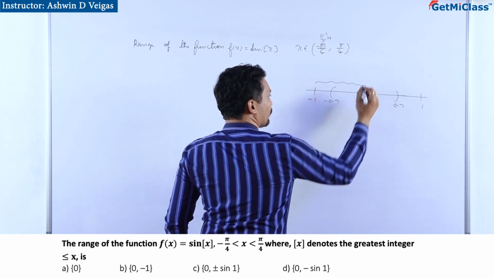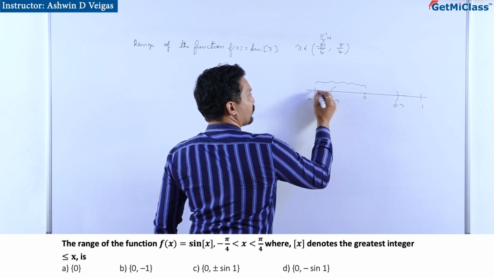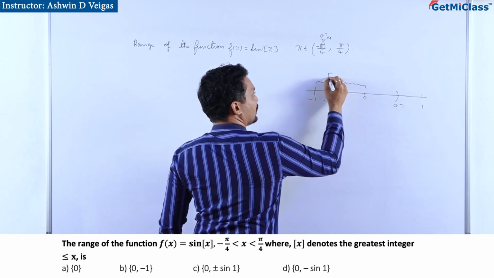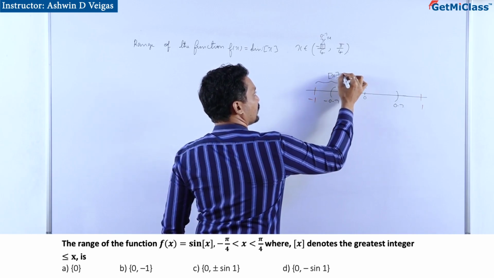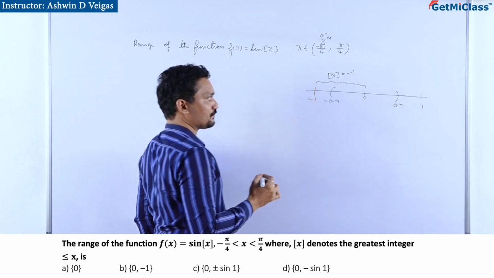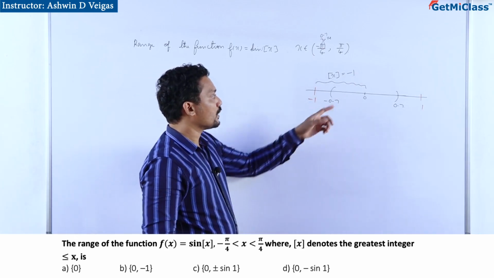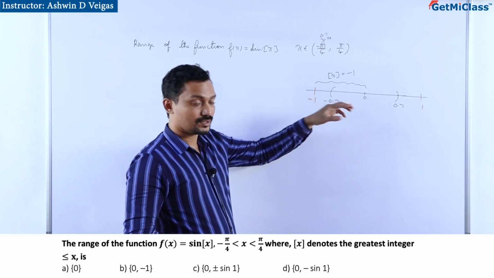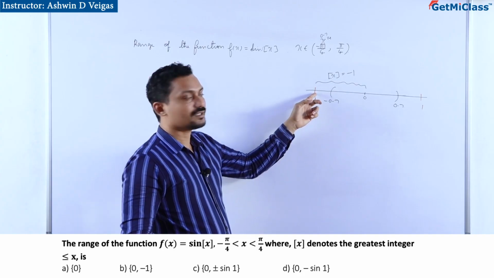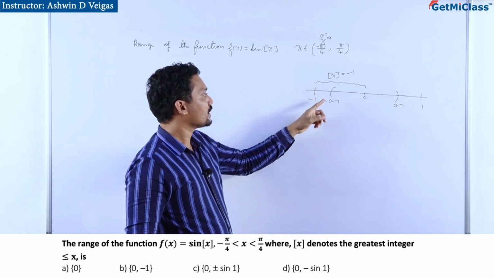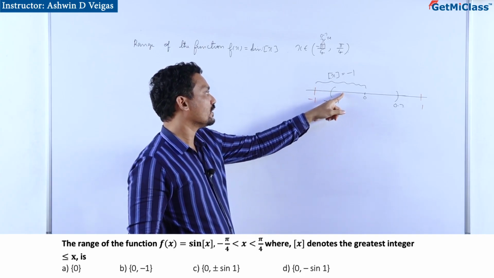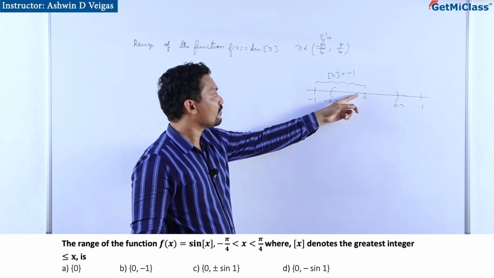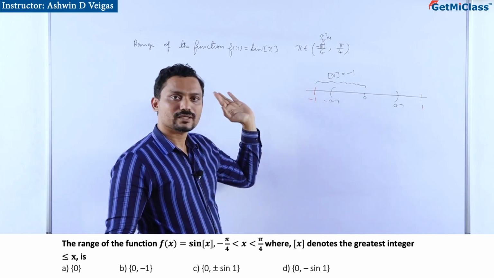from 0 to minus 1, the greatest integer of x value is always minus 1. Whenever you talk about greatest integer of a number, it is always the left number. So, for example, greatest integer of minus 0.5 is minus 1, greatest integer of minus 0.001 is minus 1.